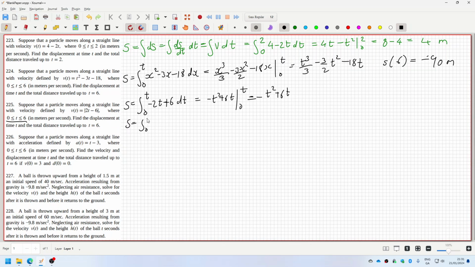So it would be 0 to 3 plus 3 to t is the idea. So that would be 18 minus 9, which is 9, plus minus t squared plus 6t minus 3.